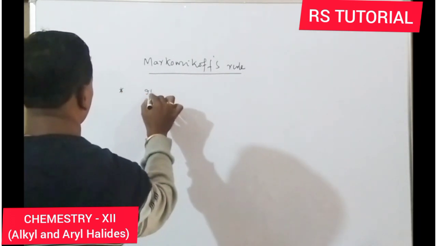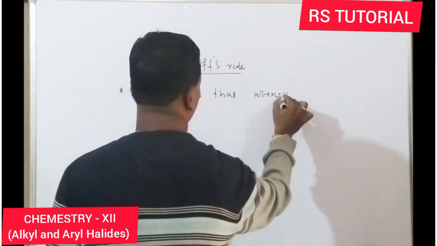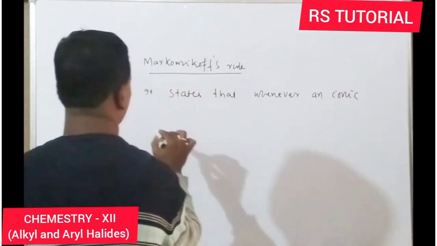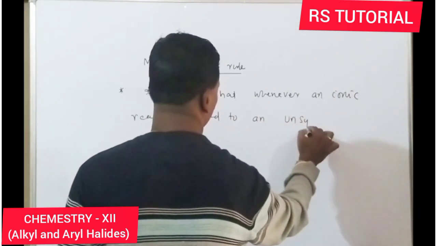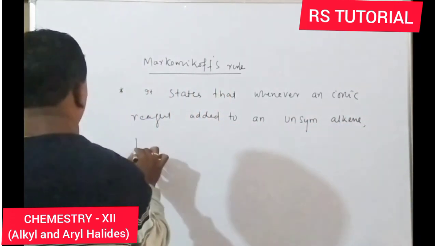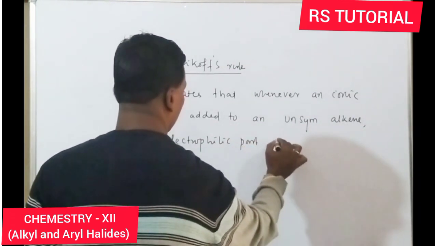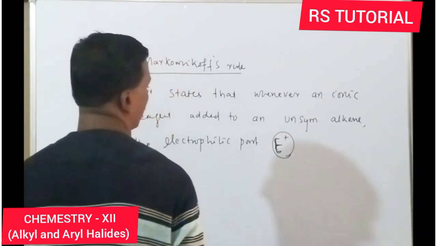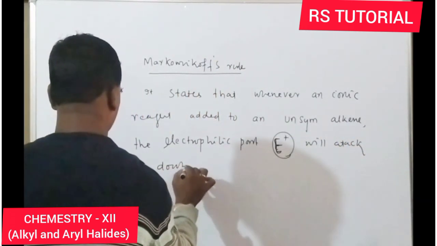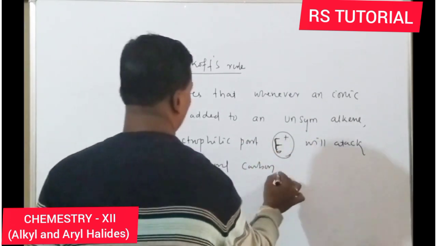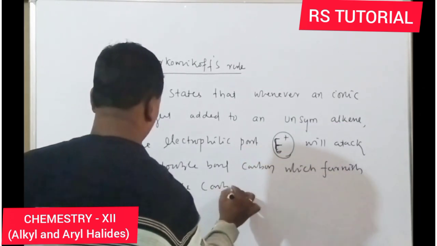Statement. It states that whenever an ionic reagent is added to an unsymmetrical alkene, the electrophilic part, मतलब positive part, electrophile, will attack the double bond carbon which furnishes a stable carbocation.